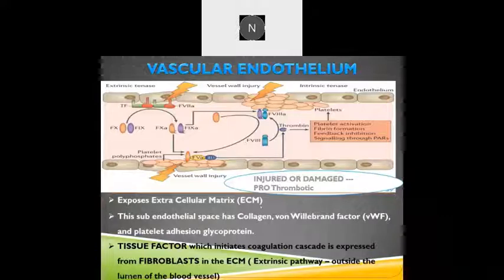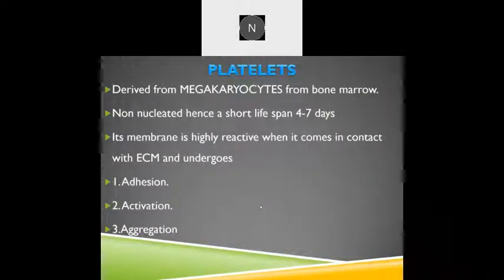And the platelet characteristics are they are derived from megakaryocytes. They have a lifespan of 4 to 7 days. They are non-nucleated. That is very, very important. And its membrane is highly reactive when it comes into contact with the extracellular matrix. Once it comes in contact with it, it undergoes adhesion, activation, and aggregation.